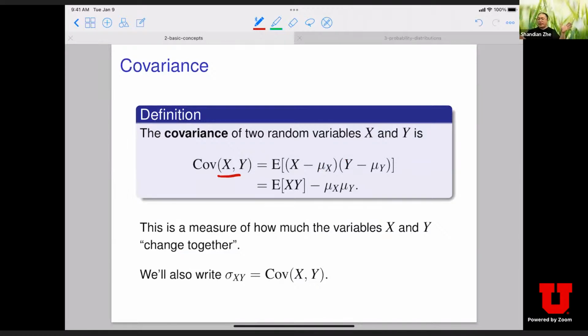It is the expectation of the product between X subtracted by the mean of X and Y subtracted by the mean of Y. X subtracted by mu X is like a centered X, because X has a mean mu X, and subtracting mu X gives a centered X. Similarly for the centered Y, and we just take the expectation of the product between centered X and centered Y. You can also show that this covariance equals the expectation of the product of X and Y subtracted by the product of the expectation of X and the expectation of Y.